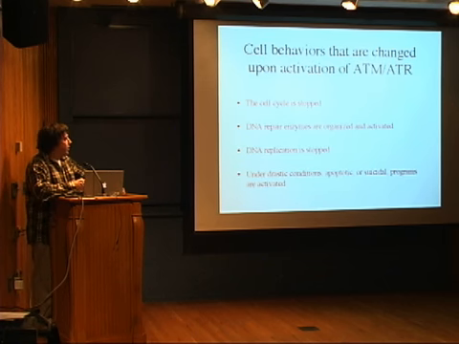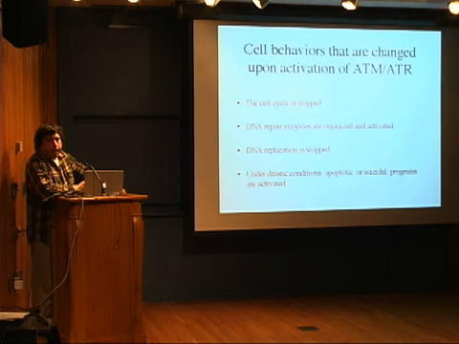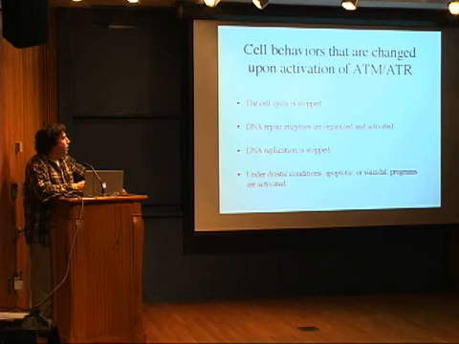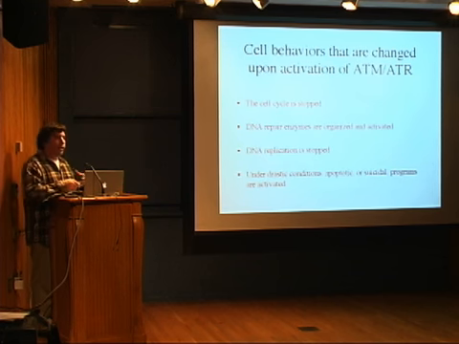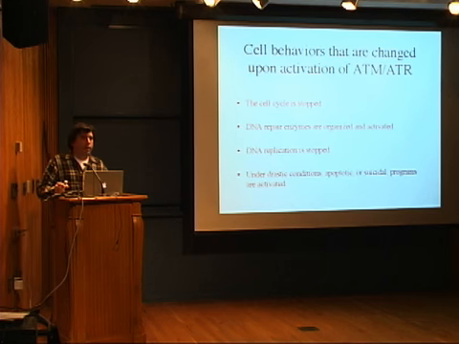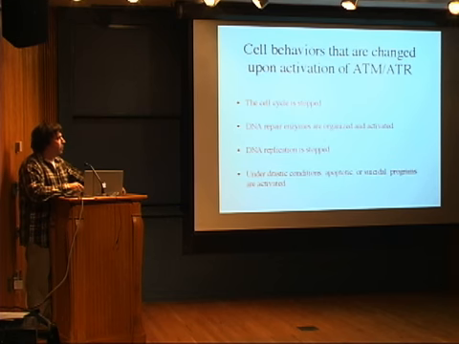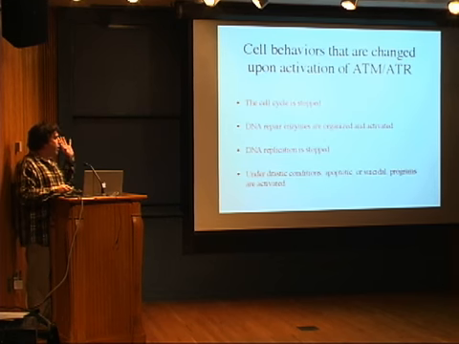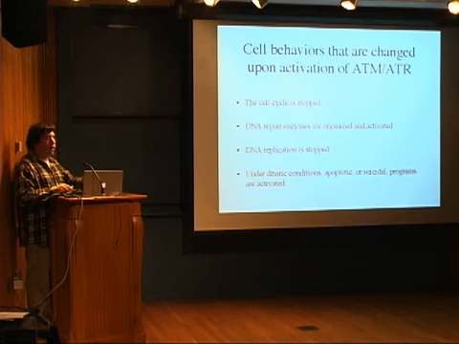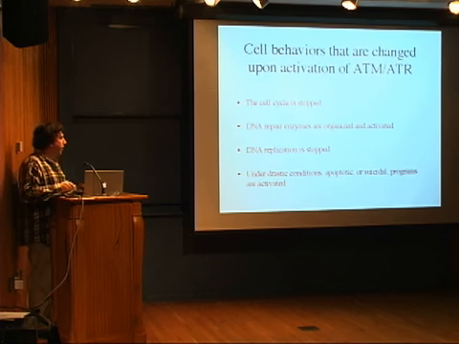Another important thing that they do when damage is encountered during S phase of the cell cycle is they actually stop further DNA replication. Okay, and this hopefully makes sense because when DNA damage is present, the cell does not want to use that damaged DNA as a template for duplication, and so the idea is that DNA replication should be in a regulated way attenuated until damage has been repaired.